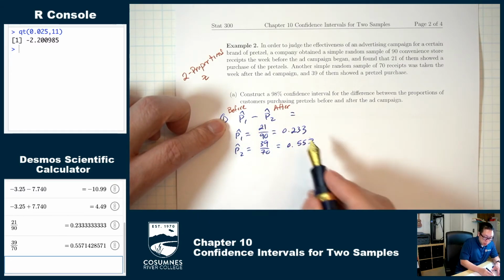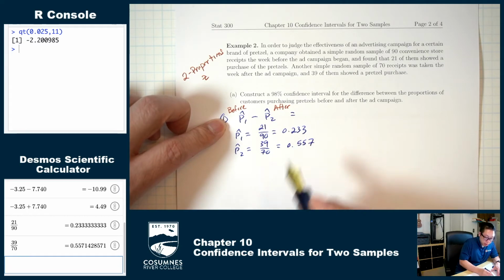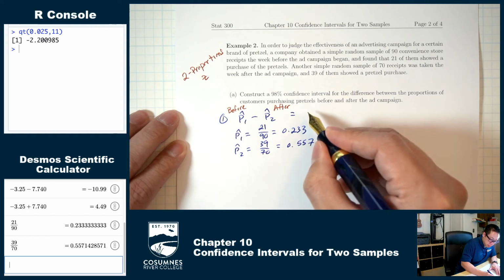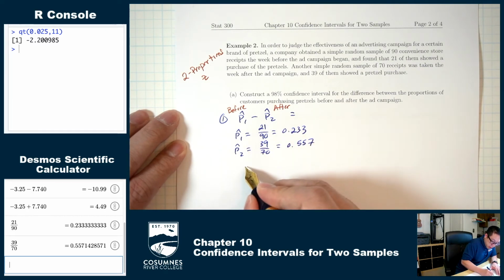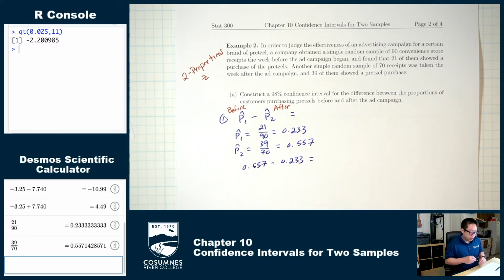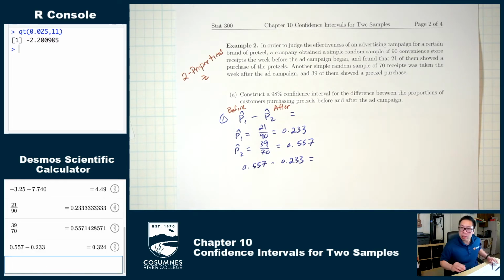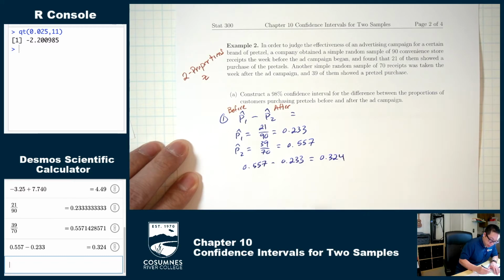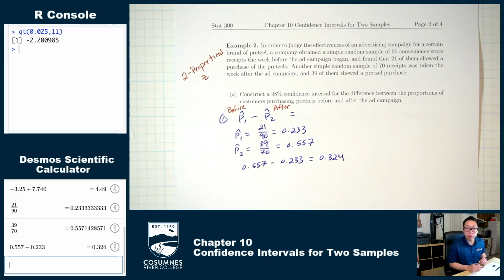P1 hat minus P2 hat is going to be 0.557 minus 0.233. Actually, let me do that down here. 0.557 minus 0.233 is 0.324. Okay, that's my part one, P1 hat minus P2 hat.